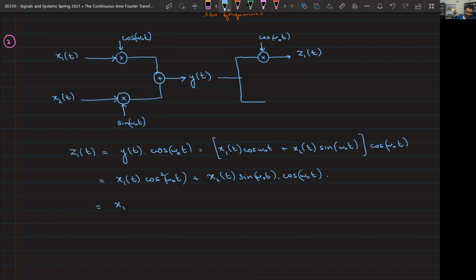This is x1 of t, and cosine squared omega naught t is 1 by 2 plus 1 by 2 cosine 2 omega naught t, and sine omega naught t times cosine omega naught t, that's sine theta times cosine theta, which is actually 1 upon 2 sine 2 theta, which is sine 2 omega naught t.